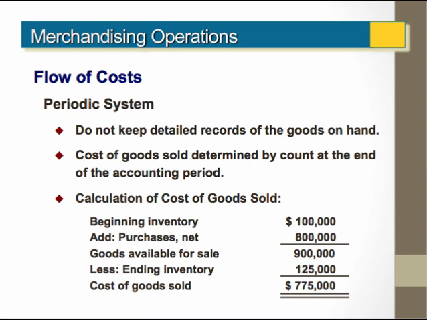The primary reason that companies use the periodic inventory system is that then they don't have to treat the sales transaction for cost of goods sold at the time of the sale. However, because we're using the matching principle, we want to make sure that we recognize the cost of goods sold expense in the same period as the revenue. So at the end of the month, we have to count all inventory items to determine what's left over in inventory so that we can calculate the cost of goods sold.